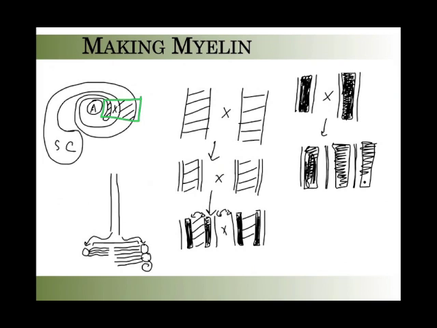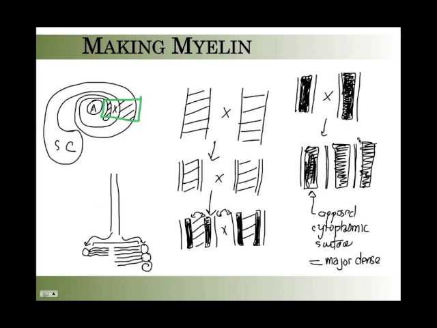And if we keep going, we wrap our process around and around, we have now an alternating series of thick and thin lines. So this is all to say that this guy, which are the opposed cytoplasmic surfaces of the Schwann cell, create the thicker line, which is our major dense line.